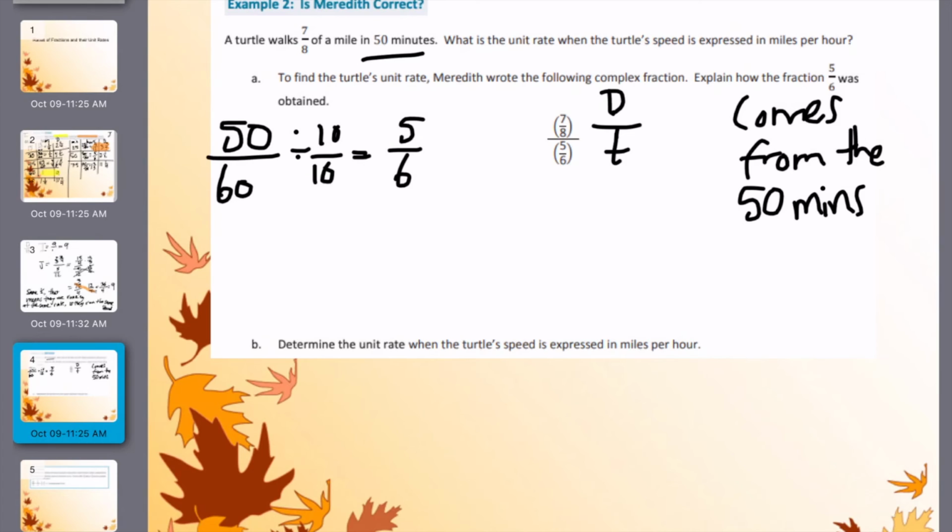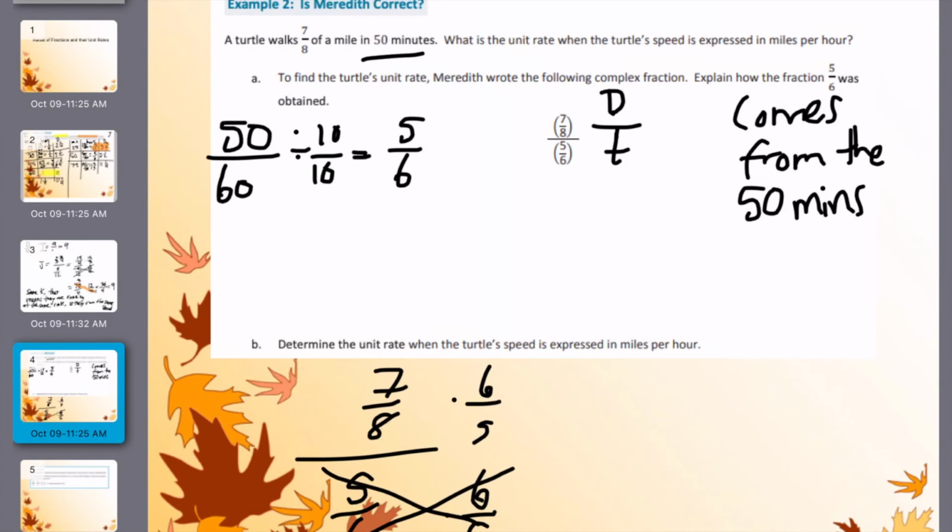So determine the unit rate when the turtle's speed is expressed in miles per hour. That means that we actually have to do this mathematics. So I'm going to have 7/8 over 5/6. And again, since I am dividing by a fraction, I need to multiply the top and the bottom by the reciprocal. That cancels out on the bottom, and I'm left with 7/8 times 6/5.